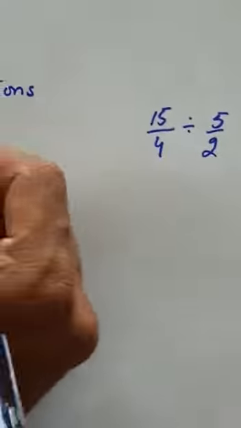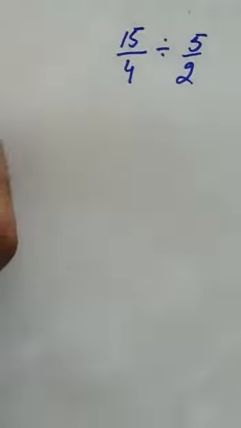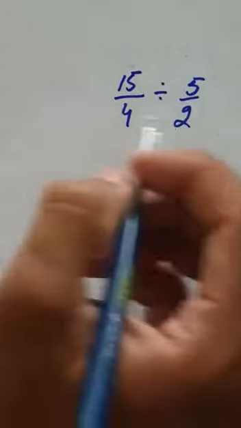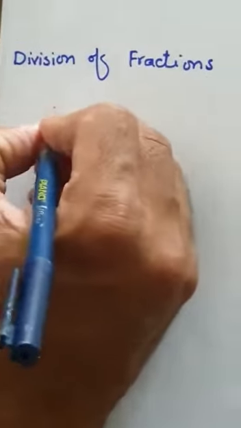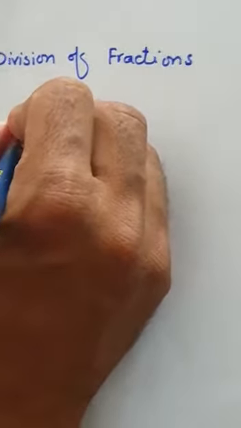So this is the multiplication of two different fractions. Now if you want to solve the division of two fractions, when you are dealing with the division sign of fractions, we will first convert this division sign into multiplication. Suppose we are given these fractions 15/4 divided by 5/2.